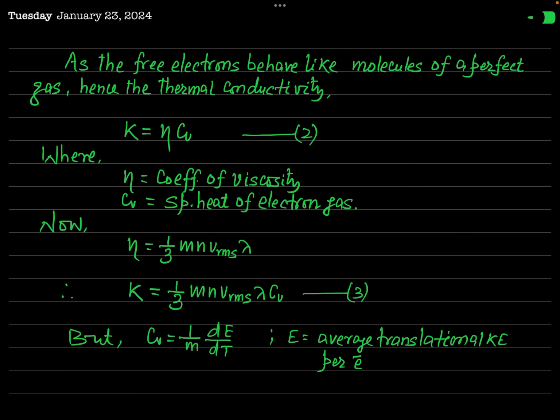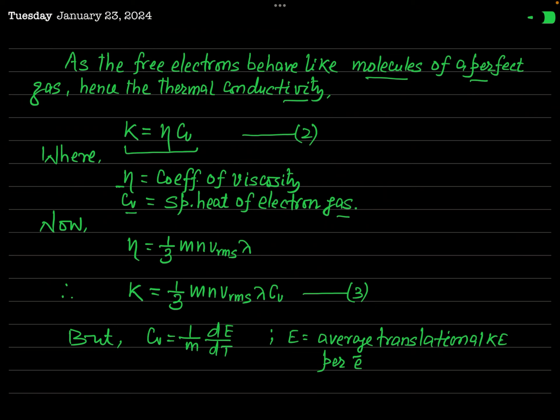So I have mentioned, you can see, as the free electrons behave like molecules of a perfect gas, hence the thermal conductivity K is given like this. You can see this result in kinetic theory of gases: K equal to eta into Cv. Actually here eta is the coefficient of viscosity, or you can simply say the viscosity of this electron gas, and Cv is the specific heat of electron gas.